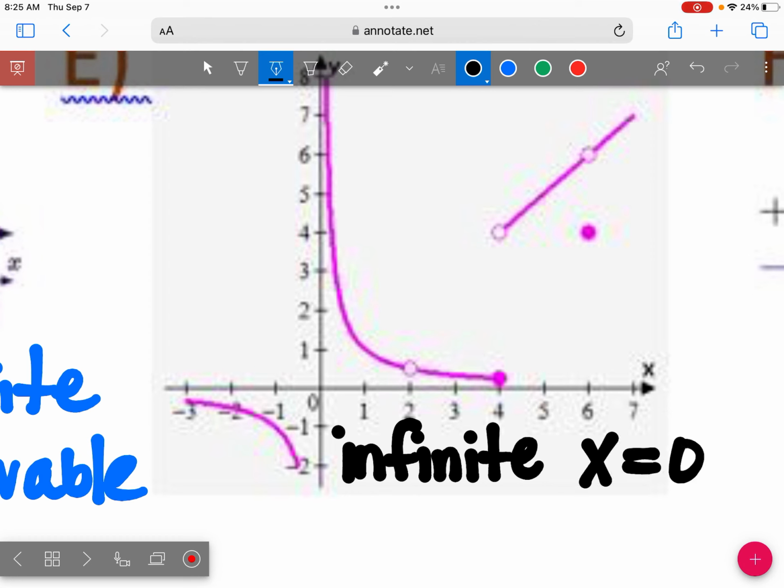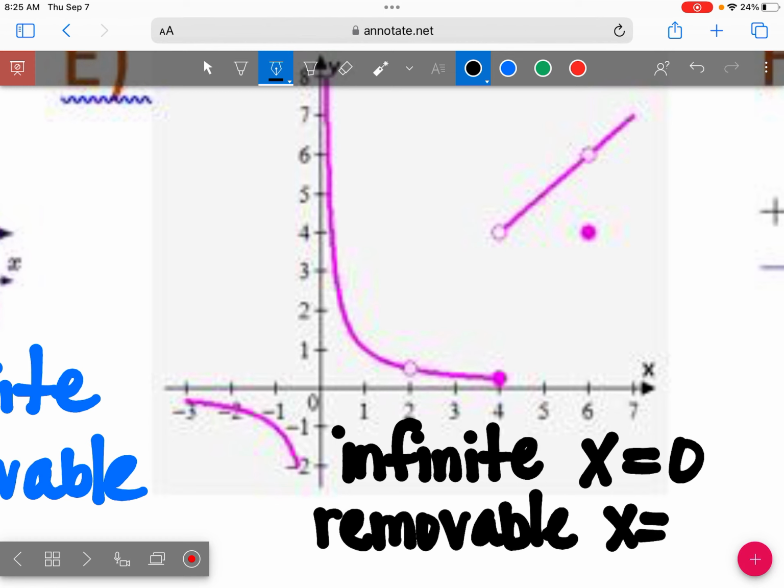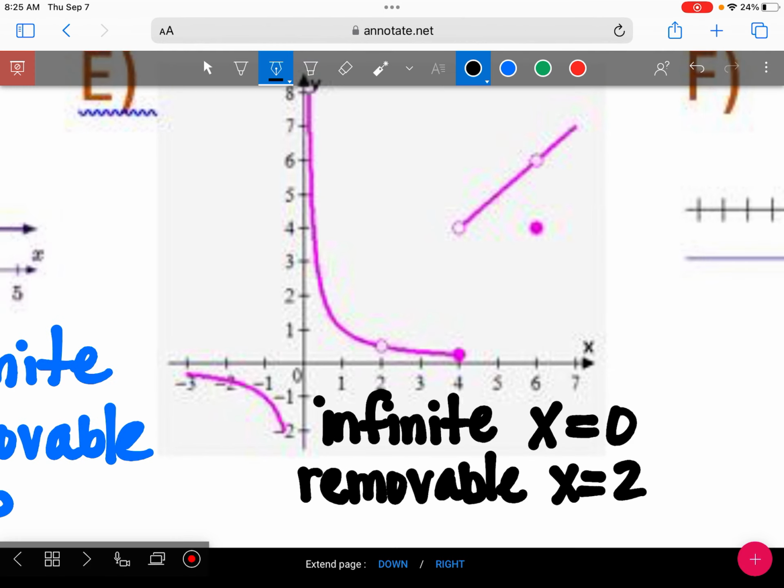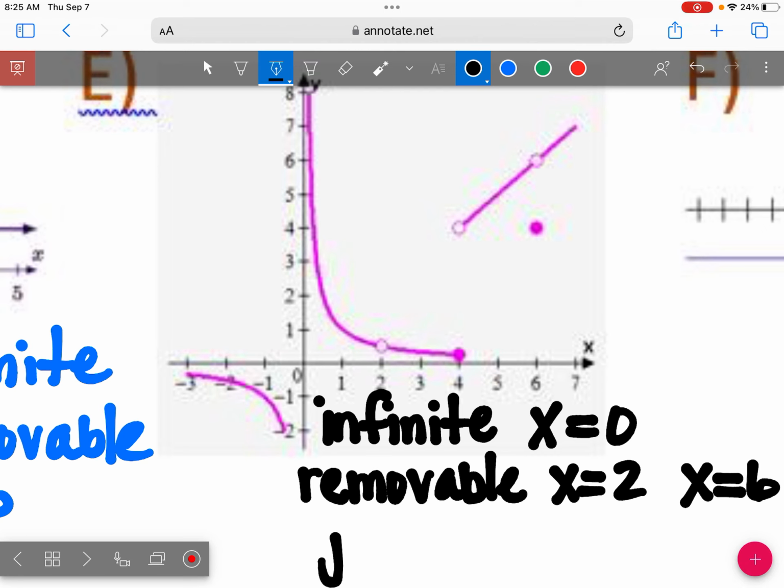I have a removable at x equals 2, and where else? X equals what else? And at x equals 6. And I have a jump at x equals 4.